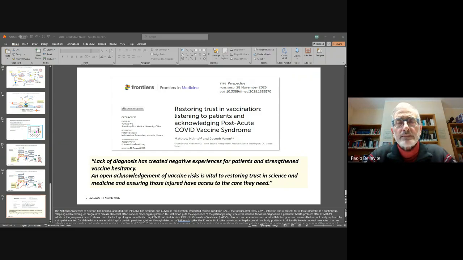The anti-S antibodies are, of course, present in all our patients, but with high variability. For example, in some patients we can find 100 units, but there is some patient with thousands of units.